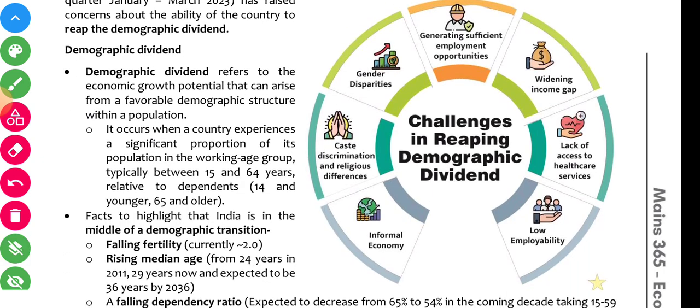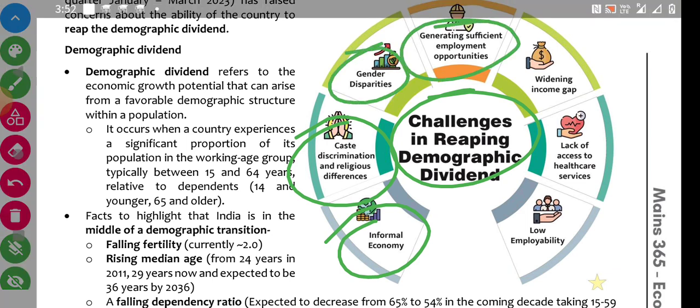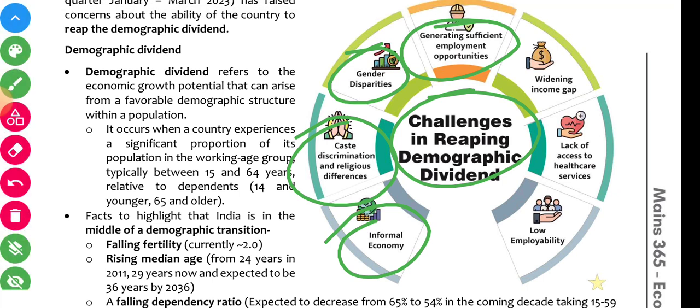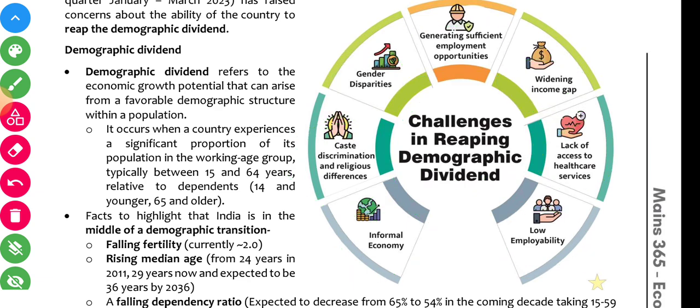Main challenges related to demographic dividend: growing informal economy, caste discrimination and religious differences, gender disparity, generating sufficient employment opportunities, widening income gap, lack of access to healthcare services, low employability. So these are challenges in demographic dividend.